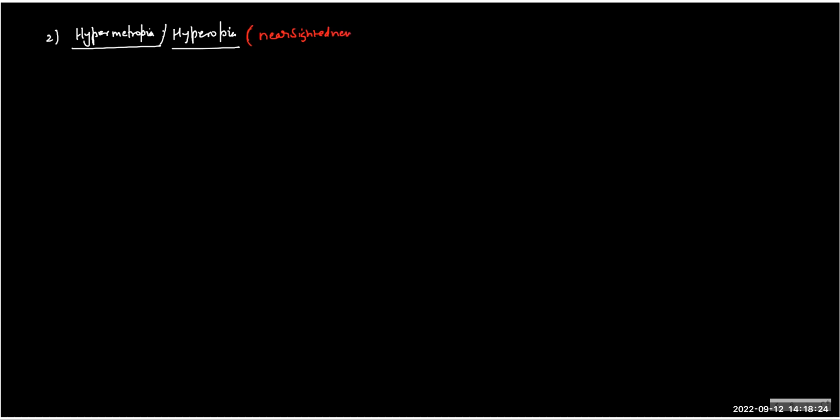Sorry, this is far sightedness. So what does it mean? You can see any object which is very far away with ease, right? So if the object is really very far away, what will happen?